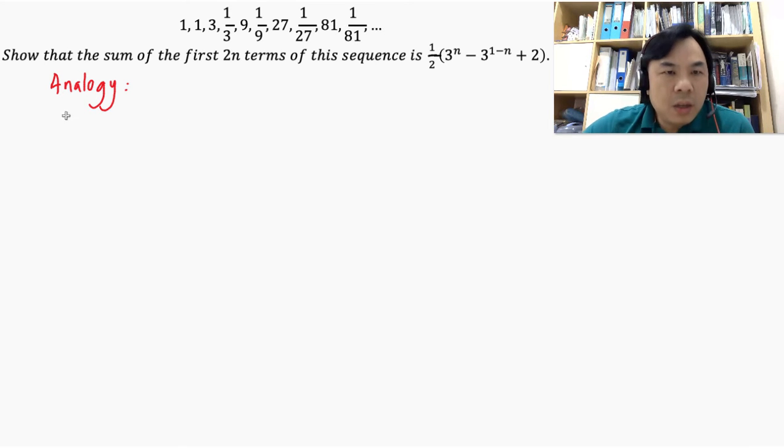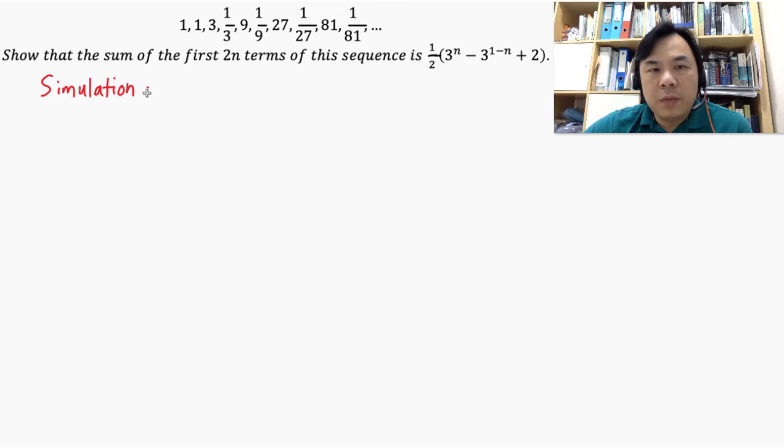Let's call that a simulation then. A small simulation just to help us understand further what we are referring to as 2n. We are interested in providing the sum of the 2n terms for this sequence.